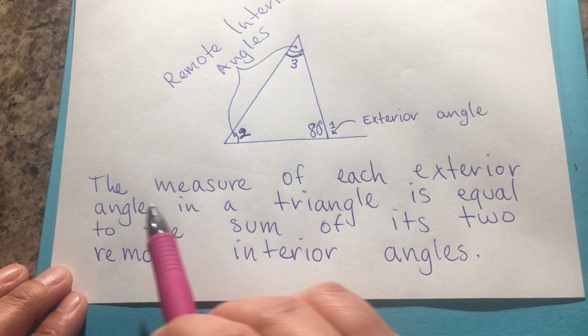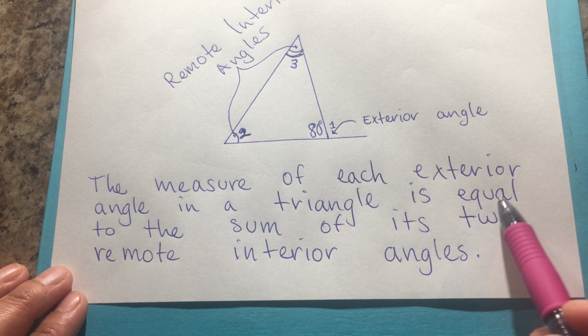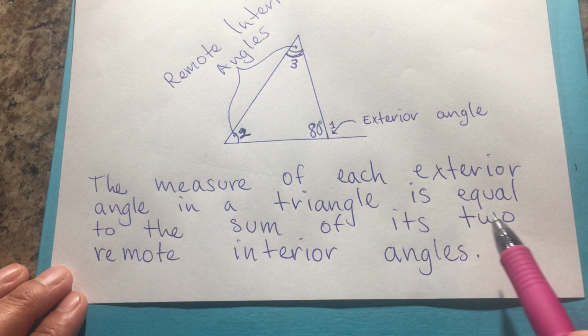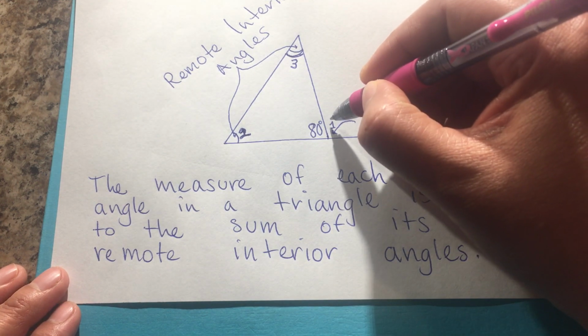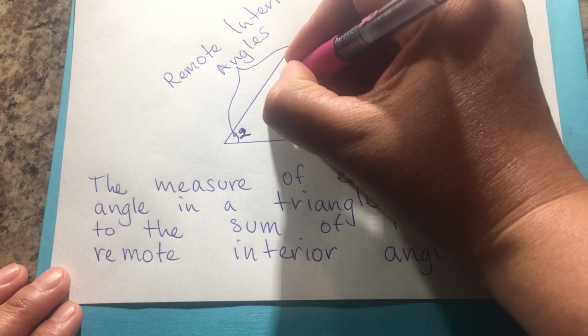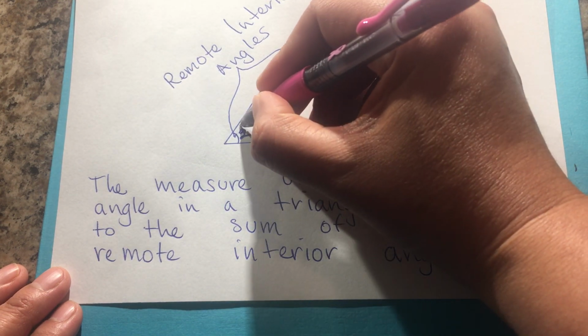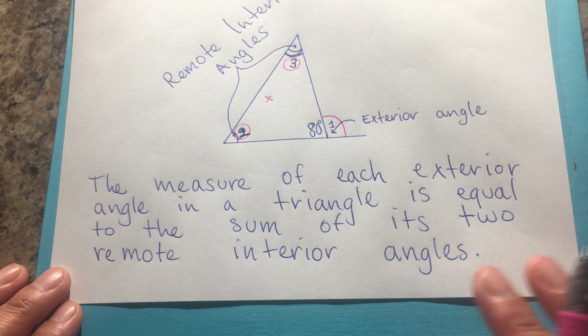It says that the measure of each exterior angle in a triangle is equal to the sum of its two remote interior angles. So this measurement right here is the same as adding together these two measurements. Why does that work?